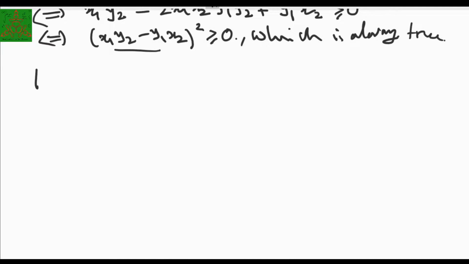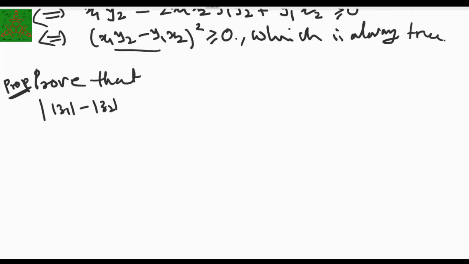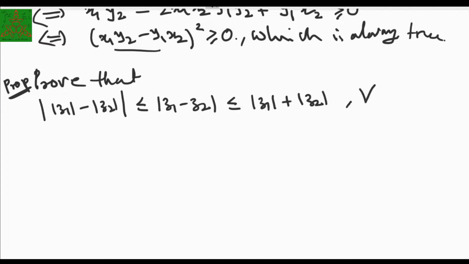Now the next property I can say: mode of (mode z1 minus mode z2) is less than or equal to mode of z1 minus z2, which is less than or equal to mode z1 plus mode z2, for every z1, z2. Obviously this inequality is easy to see.